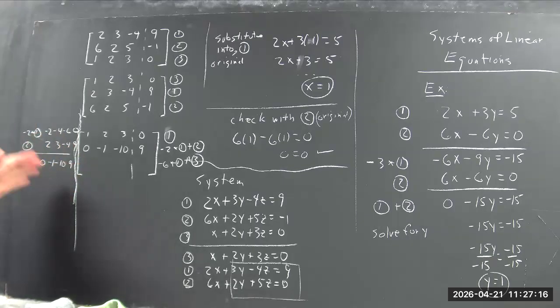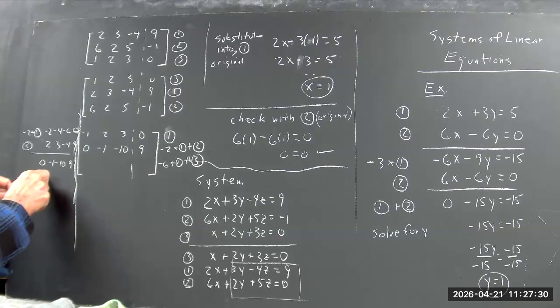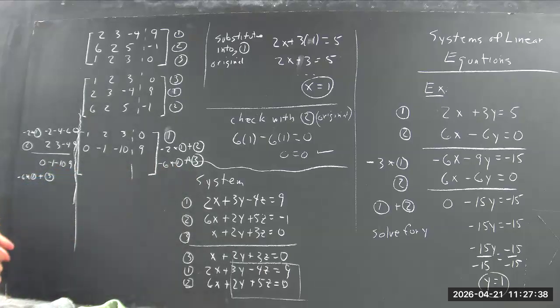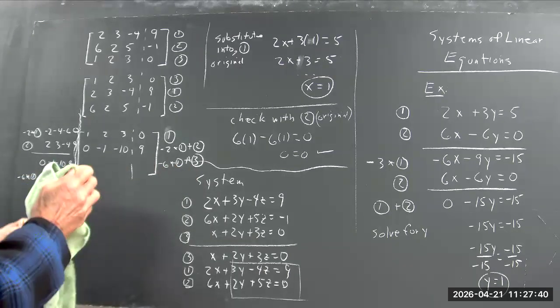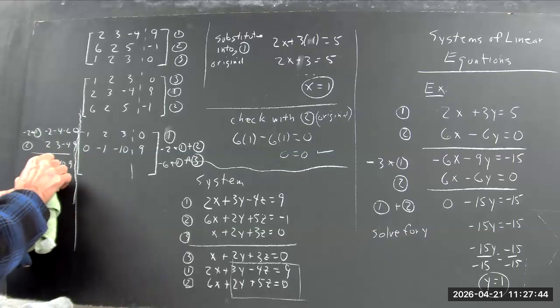Now, ordinarily, I'd want to have a lot more room over here so I can do more side calculations. But I've also got to do -6 times row 1 plus row 3. And I want to write out the plus row 3 here.